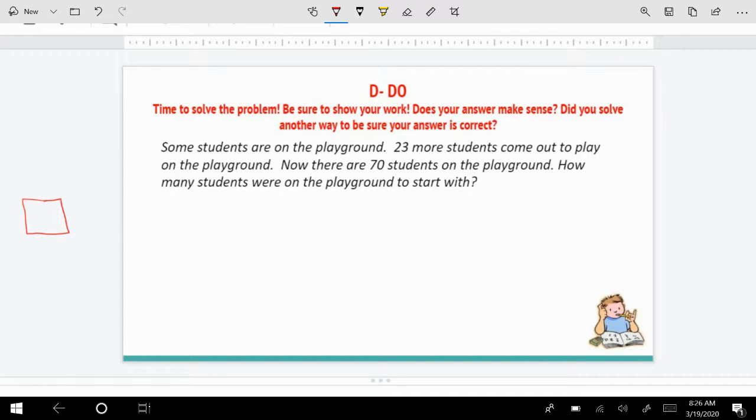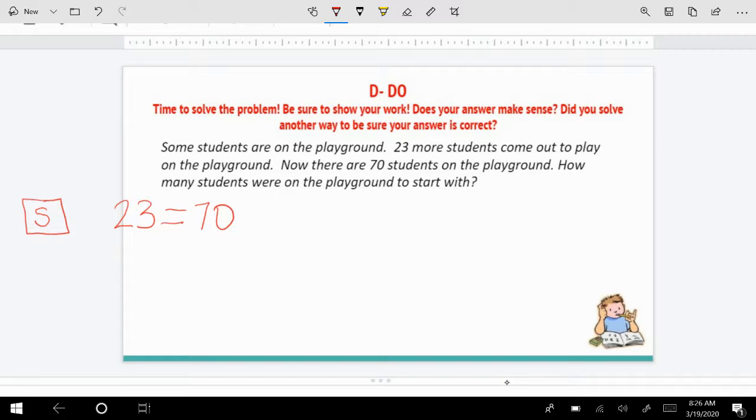When you get into third grade, that box is going to be switched to a variable, and I'm going to use S for students. Sometimes my students say my S's look like 5, but that is an S. And then in the middle of the story, we know that 23 more students came on the playground, and now there are 70.